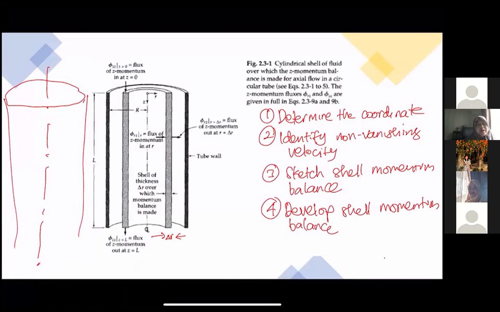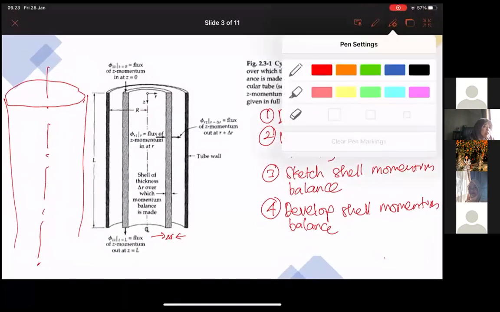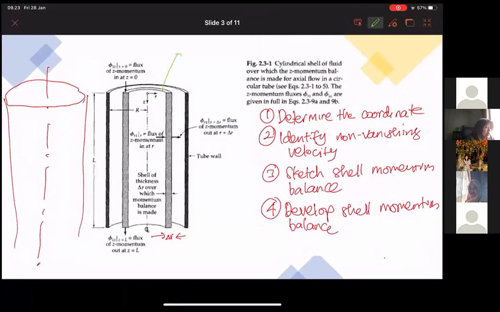You can try to write it also in your book or in your pad. First let's consider we have τzz at z equal to 0, and then we have to multiply with the area, the cross section.